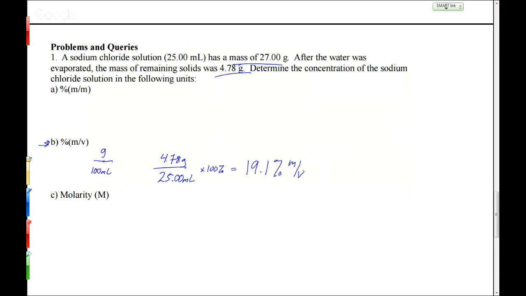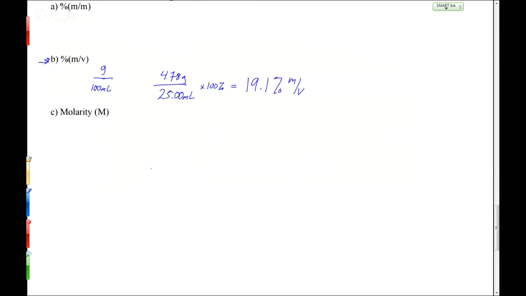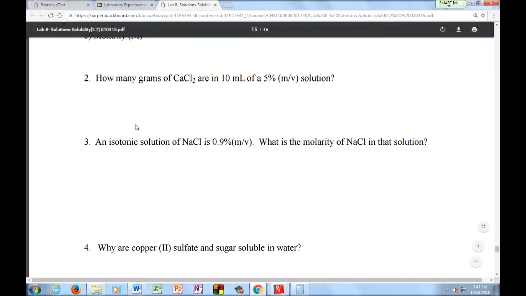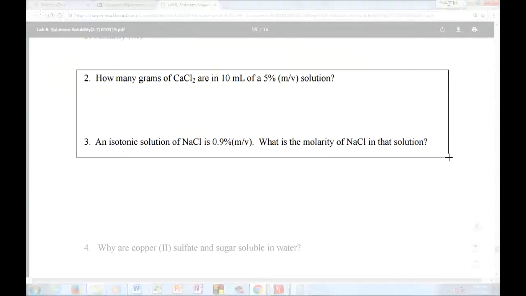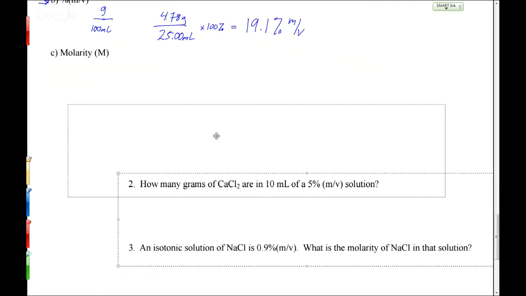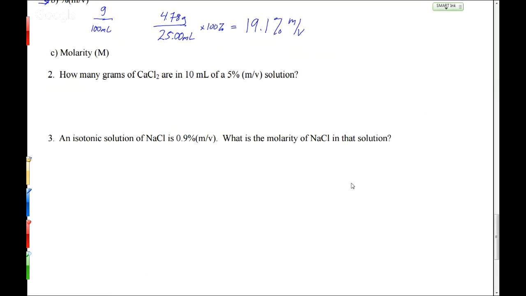It's also a percent. So it goes grams divided by 100 milliliters. Another way to think about that is grams divided by milliliters times 100. So in this case, that would be 4.78 grams divided by 25.00 ml times 100%.